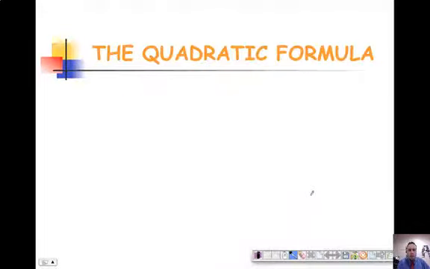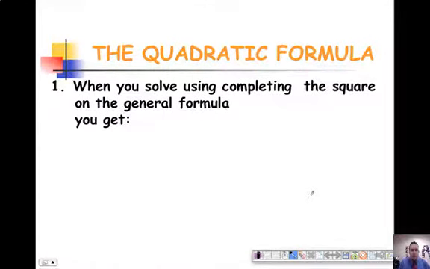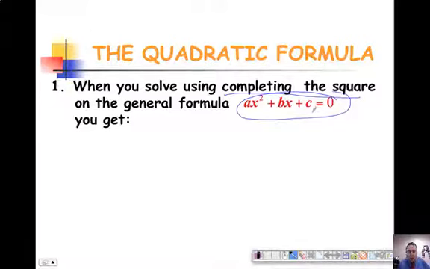Okay? So, quadratic formula. If you complete the square on this general equation, I know this is probably hard to notice, but if you divide everything by a and then do all the work to complete the square, that's actually how this is formed.